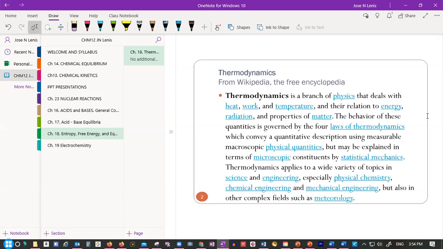Chemistry focuses more on transformations of matter. Physics is more focused on energy transformations. However, we all know that energy and matter are linked. One depends on the other.